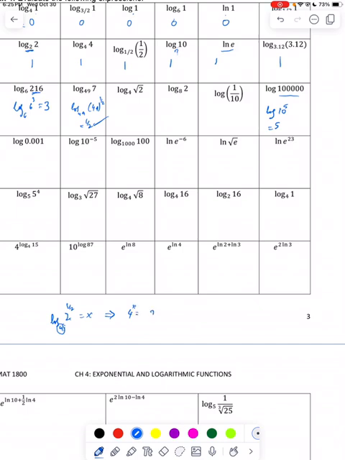So now the smaller number is 2, so make both base 2. Now you can write 4 as base 2. So 2 to the 2x is equal to 2 to the 1/2. Which means 2x is equal to 1/2, which implies x is equal to 1/4.